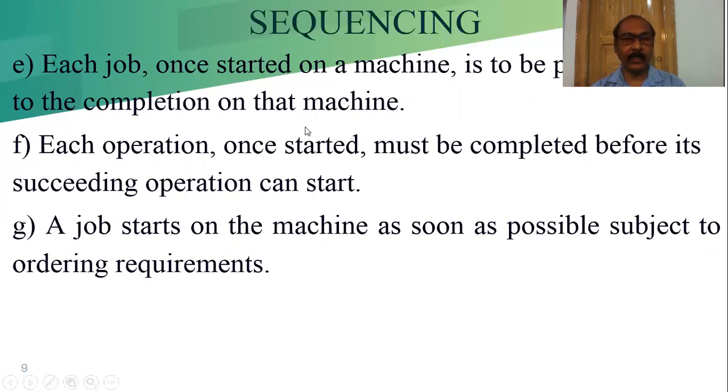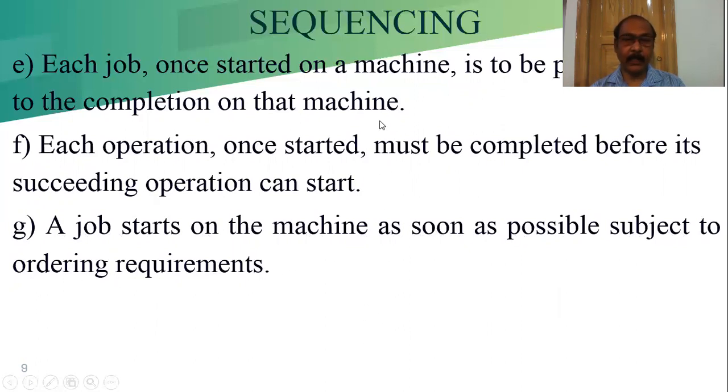And also, as soon as a job is completed in a predecessor machine, it moves to the successor machine. A job starts on the machine as soon as possible, subject to ordering requirements.